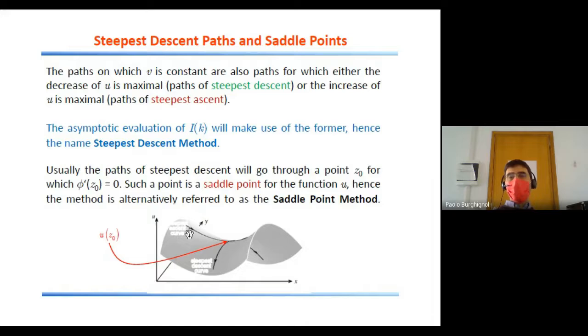But if you follow the other contour, I'm referring to the black lines, in that case, the point is a minimum, and that's the typical behavior in a saddle point, okay? So basically, the function in a neighborhood of this point has not locally a definite sign of its variation, which can be either negative or positive, depending on the direction in which you are moving from the stationary point.